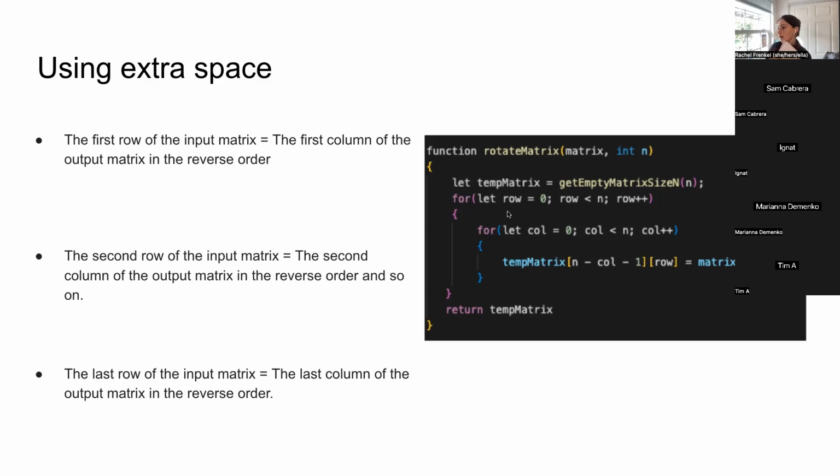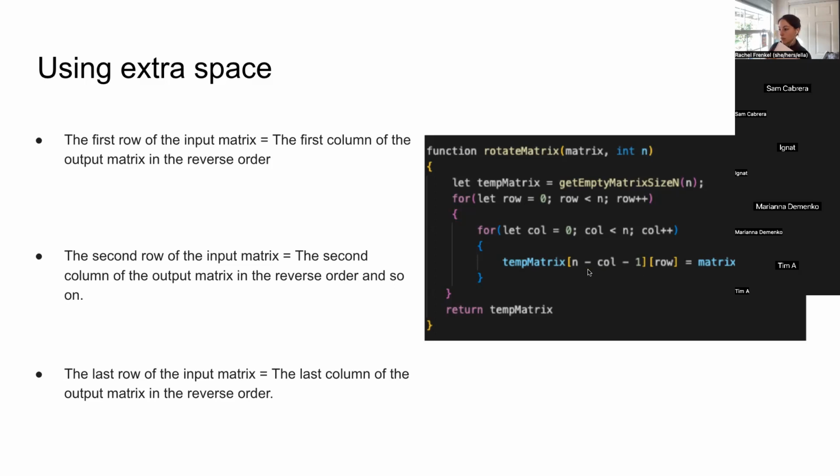And now you're just going, okay, now we're going through, let row get 0 while it's less than n, the width of our matrix. Add to the rows for each column. The temporary matrix, our new one, of, this is kind of confusing, of the width, so n minus the column that we're looking at, minus 1.